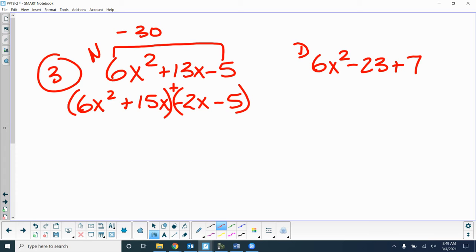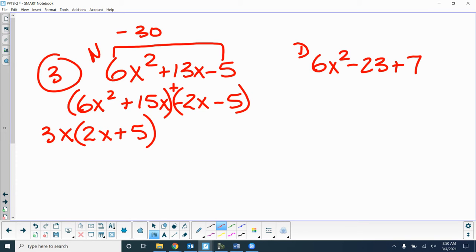X. Yeah, what else? What number goes into 6 and 15? 3. There you go. So 6x squared divided by 3x is 2x, 15x divided by 3x is 5.